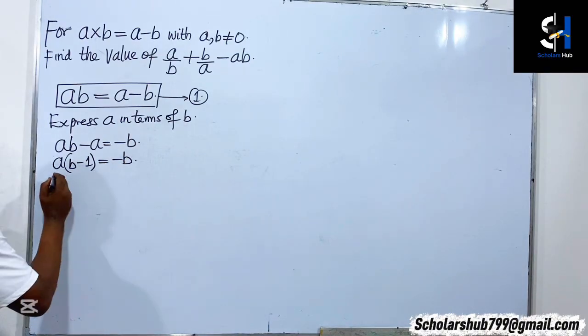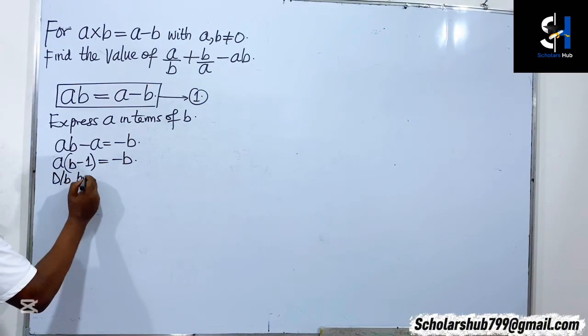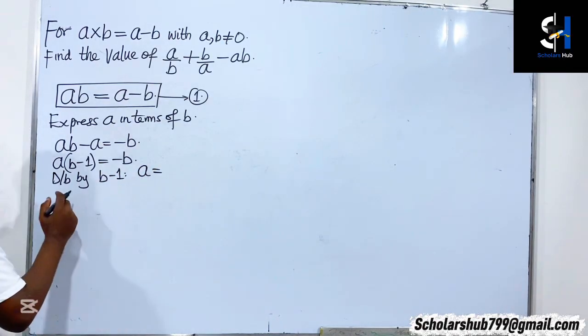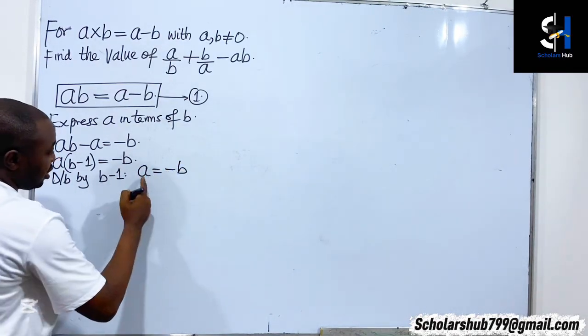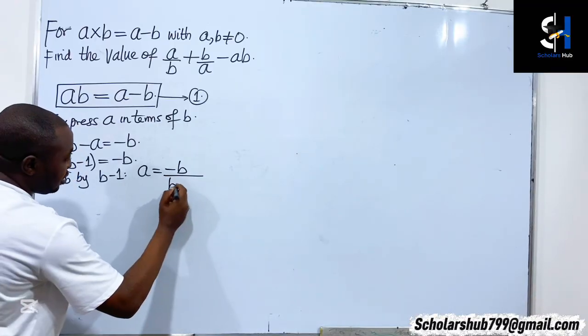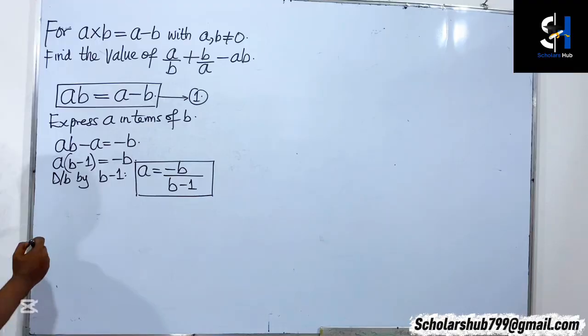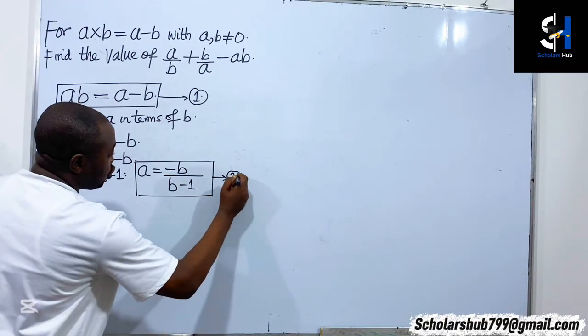If you divide both sides by b minus 1, the expression for a in terms of b will be a equals negative b divided by b minus 1. So let's call this equation 2.